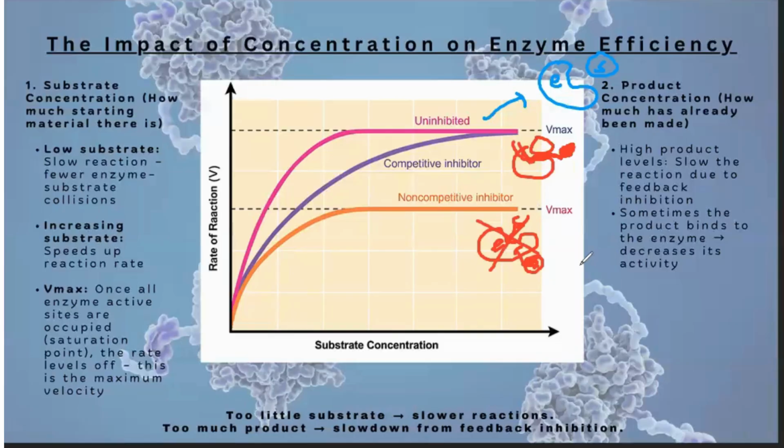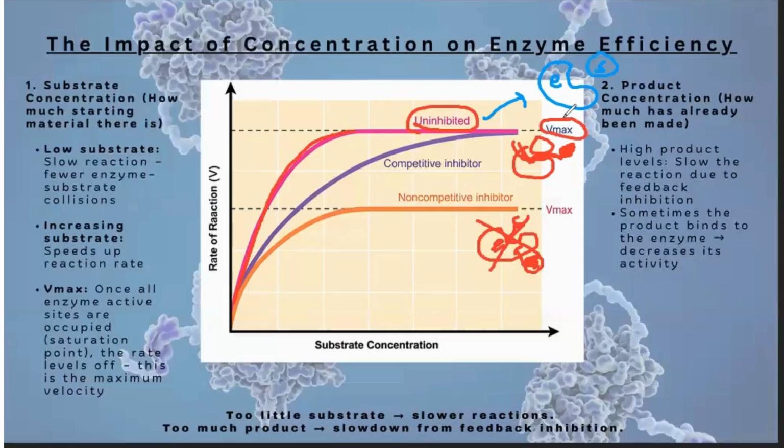So let's start talking about the reaction itself and how it works. If we have an uninhibited reaction, which normally is just the enzyme attaching to the substrate, this is what we want, where we have the rate of reaction. It goes through once it reaches the maximum velocity, and the reaction has occurred.